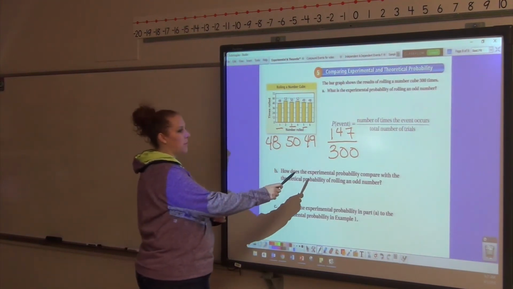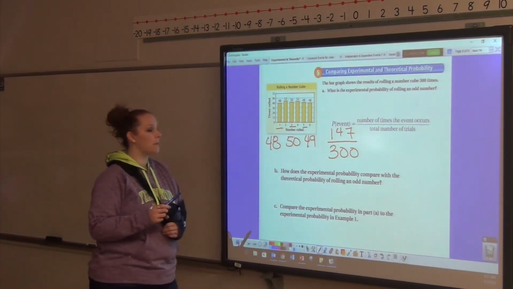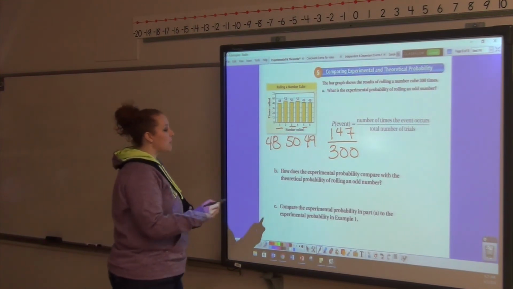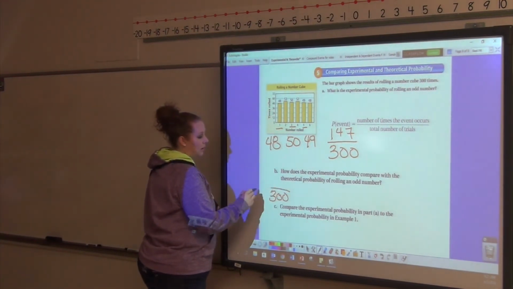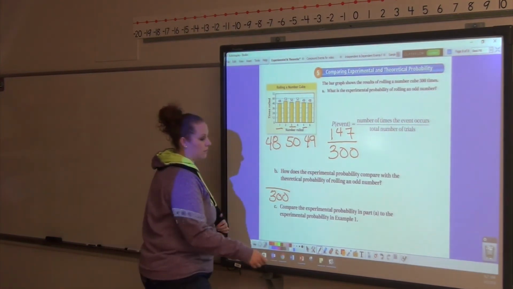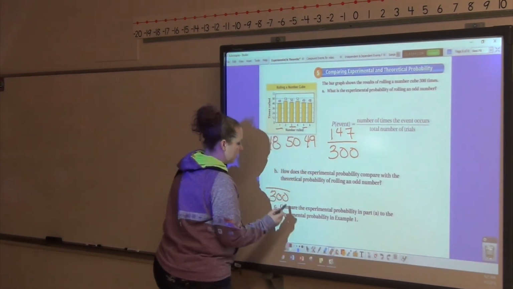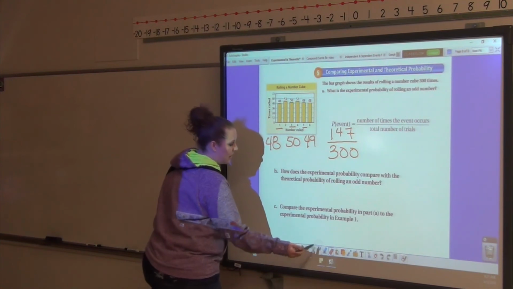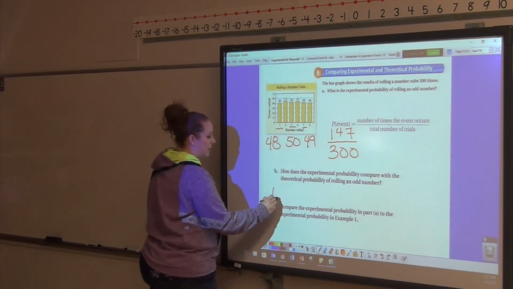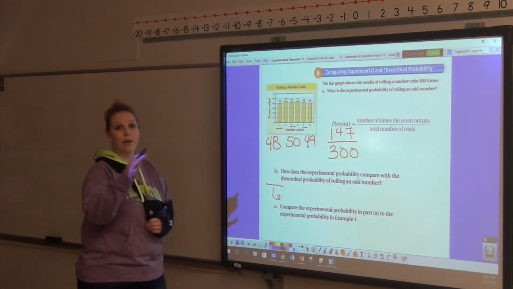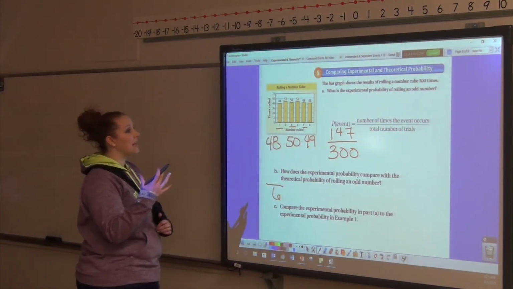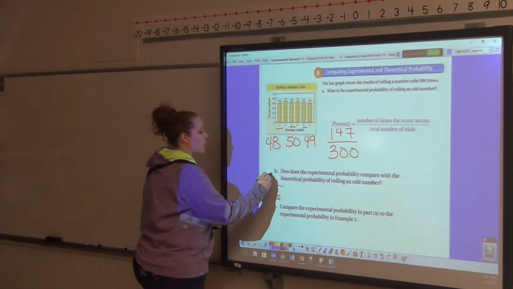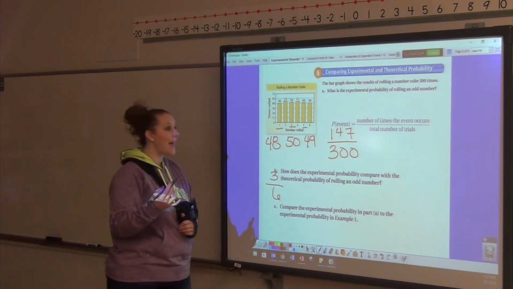How does the experimental probability compare with the theoretical probability of rolling an odd number? My theoretical probability: I have 6 different possible outcomes, and the probability of rolling an odd number is 3 in 6, or 1/2.